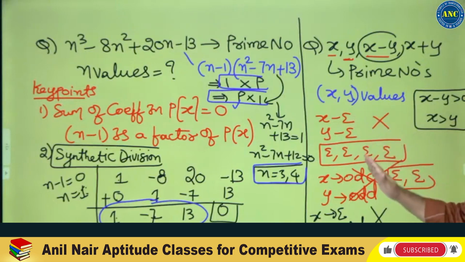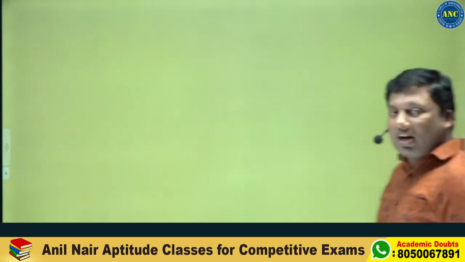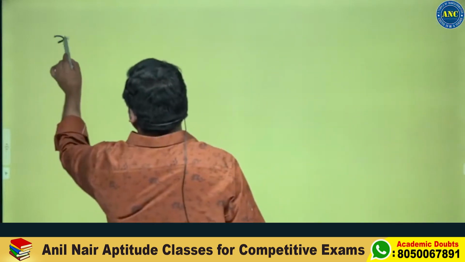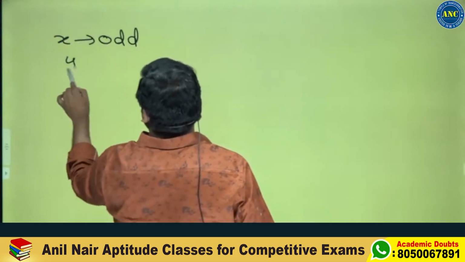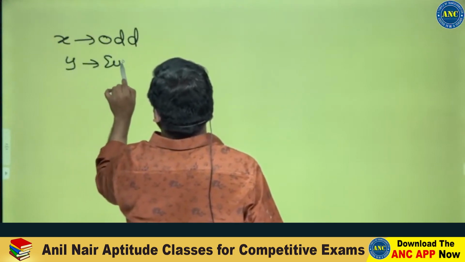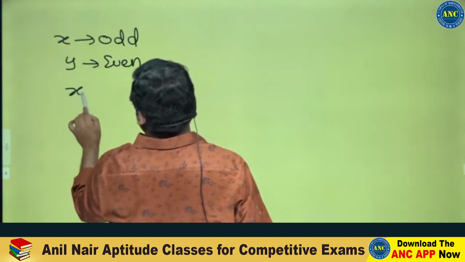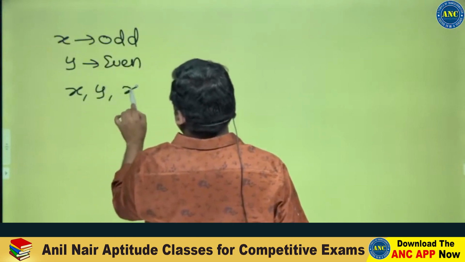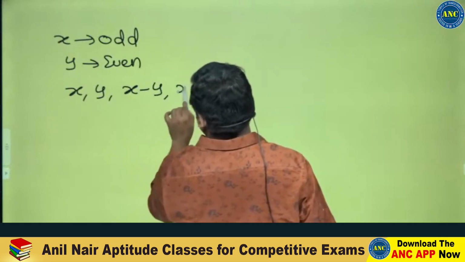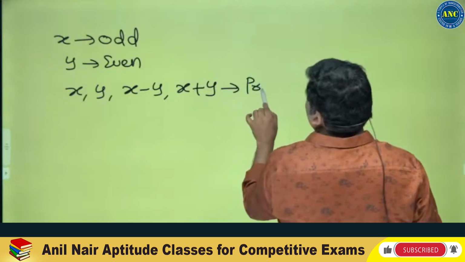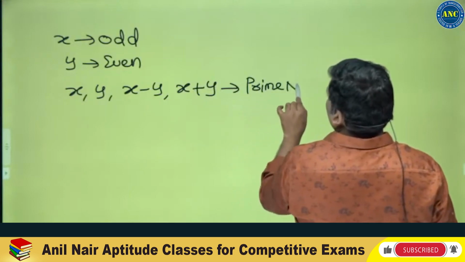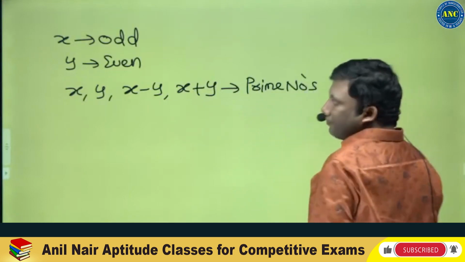Both even out, both odd out, one even one odd out. So what is the last case left? X is an odd number and y is an even number. X, y, x minus y, x plus y are all prime numbers.